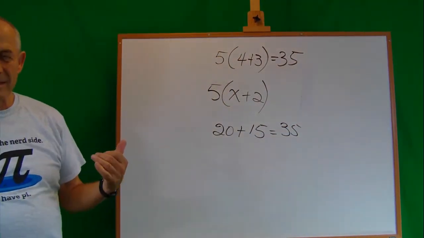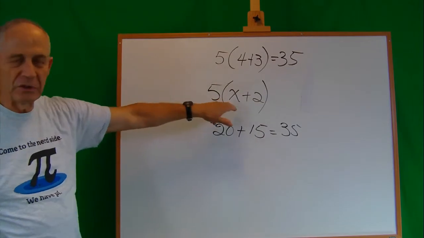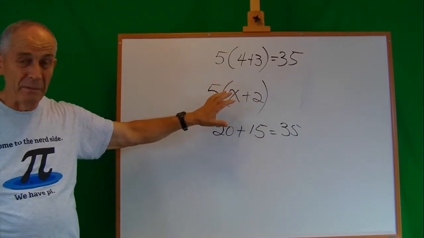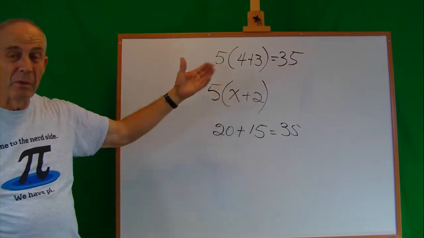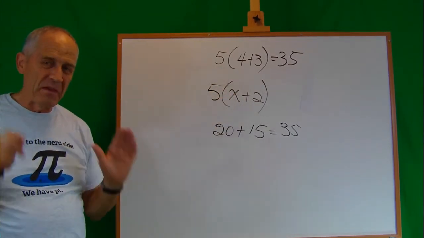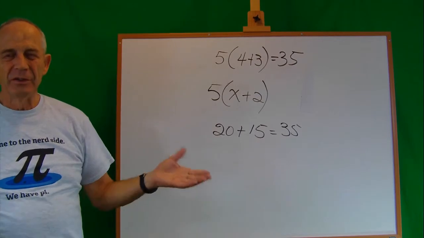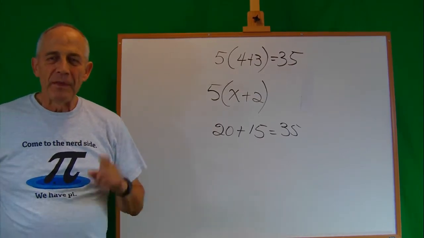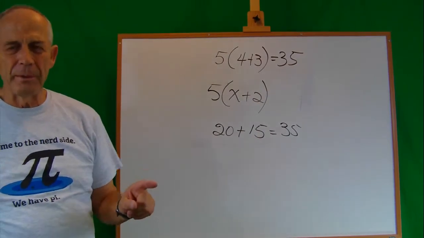Well, that meant we were able to do something with something like this where we couldn't combine them because they're not alike, but we can write it in a different form, and maybe that can help us do something else that we might not be able to do otherwise. This is called the distributive property.